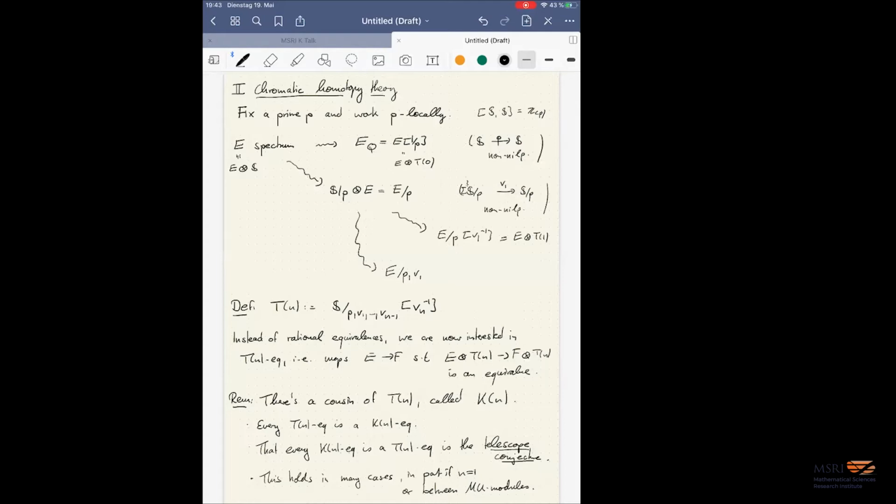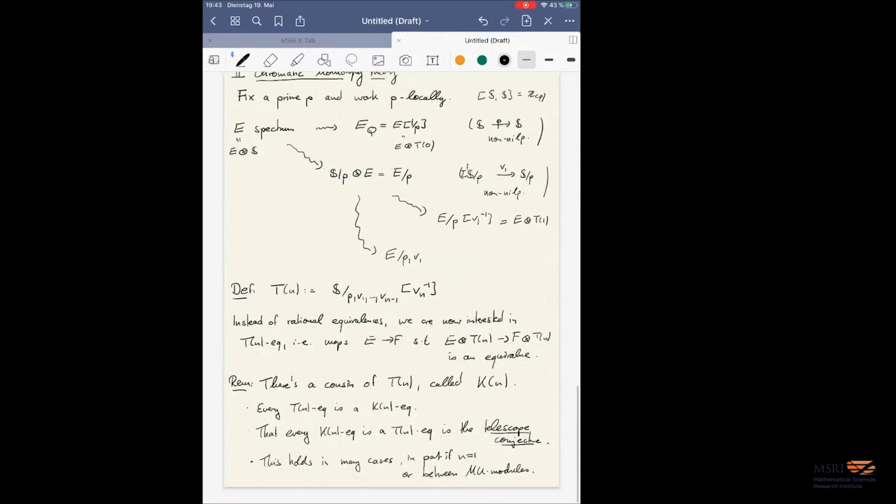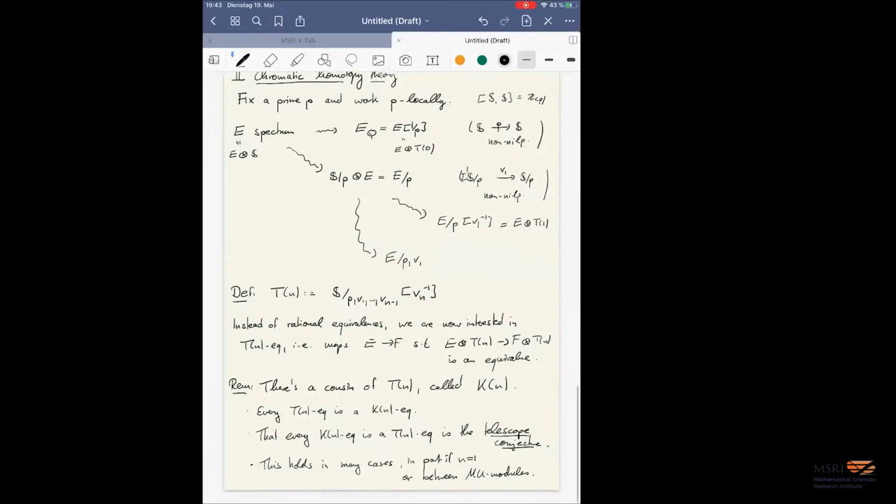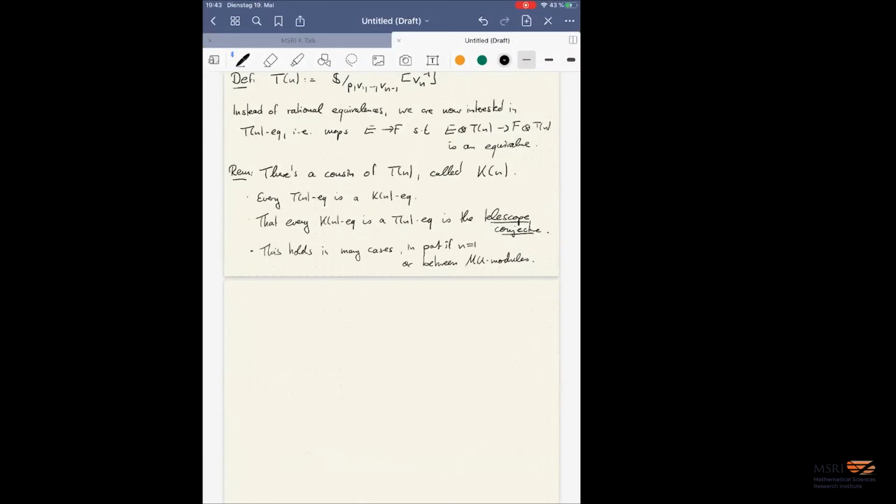So if you're a little bit afraid of this Tn but are quite happy about the Kn, I would invite you to replace every time I say Tn by Kn, and you won't lose a lot, especially because many of the interesting applications are actually already at height 1, where they are the same. It's just for certain technical reasons that I have to use the Tn, because otherwise I don't know how to prove a certain statement.